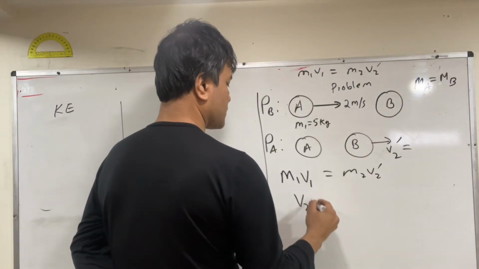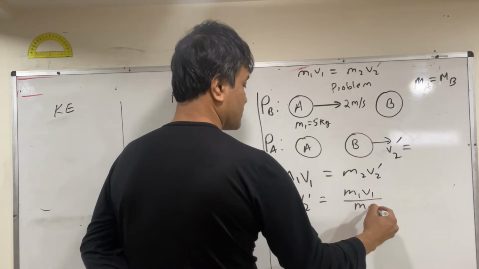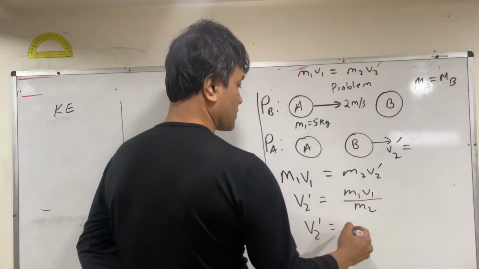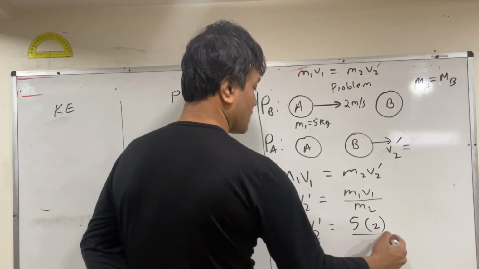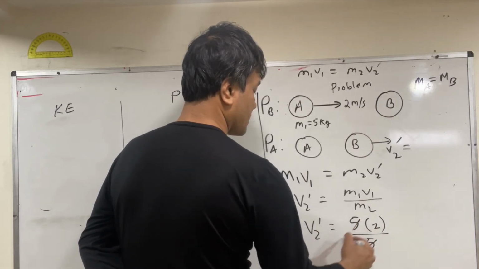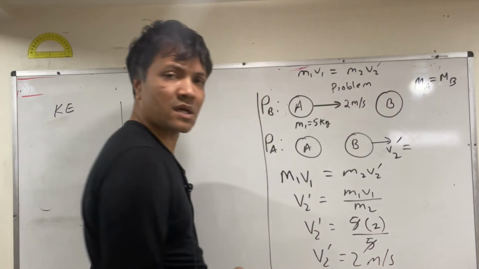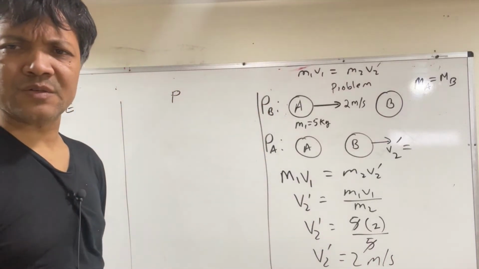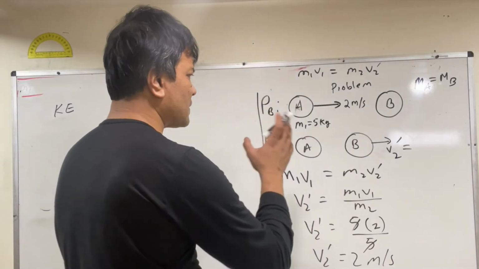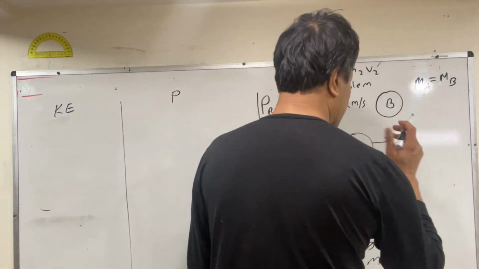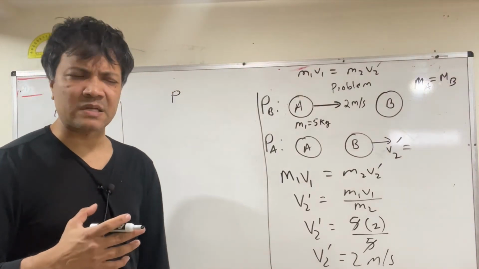So v2 prime is equal to m1 v1 over m2. So v2 prime is equal to, m1 is of course 5, v1 is of course 2, so 5 times 2 over 5, right? So v2 prime is equal to 2 meters per second. All right. So it's not a surprise that you got 2 meters per second, because you know all along, no momentum lost, no kinetic energy lost.